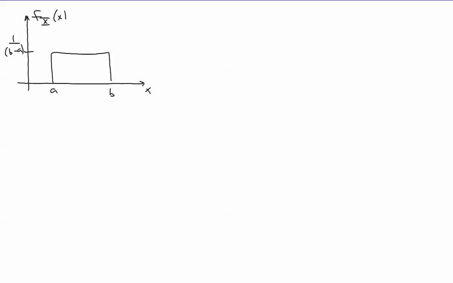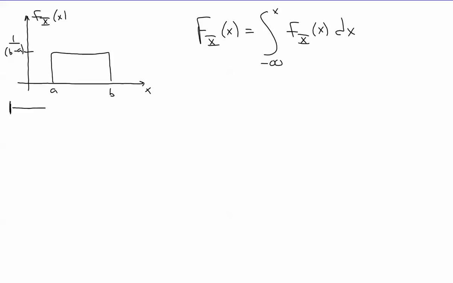Now remember, the cumulative distribution function is the indefinite integral from minus infinity up to some unspecified point x of my probability density function. Okay? So what that means is we're going to start way over here, and we're going to integrate moving to the right and add up the area under my curve. This guy has unit area.